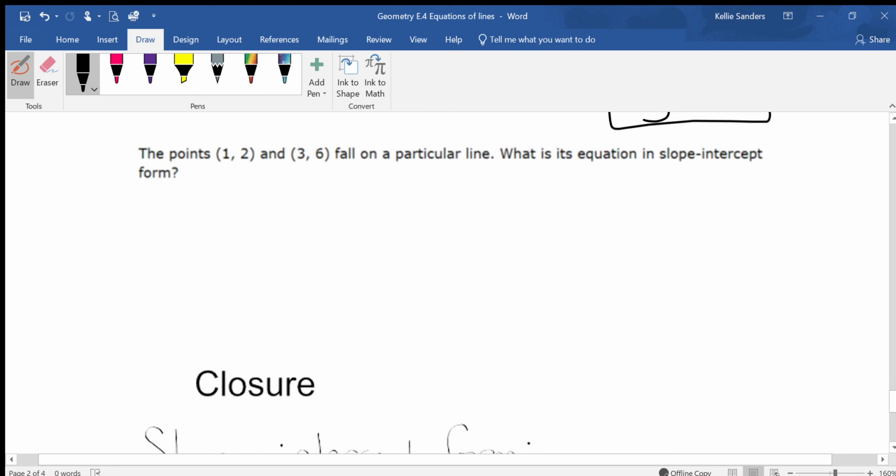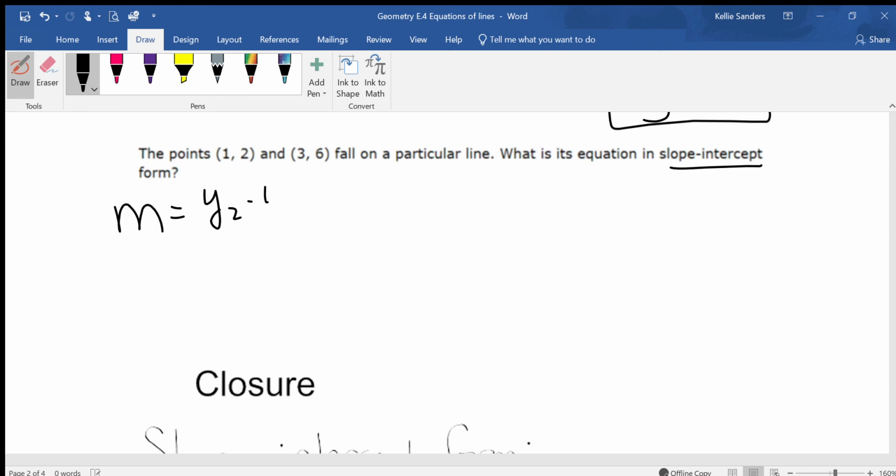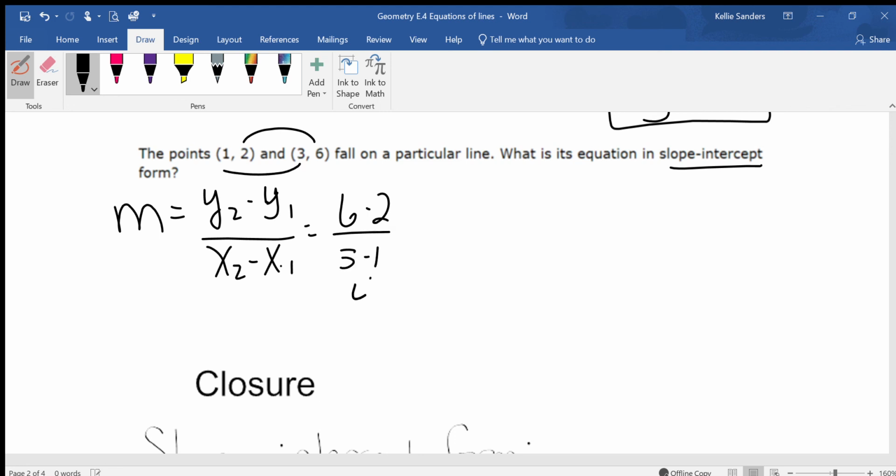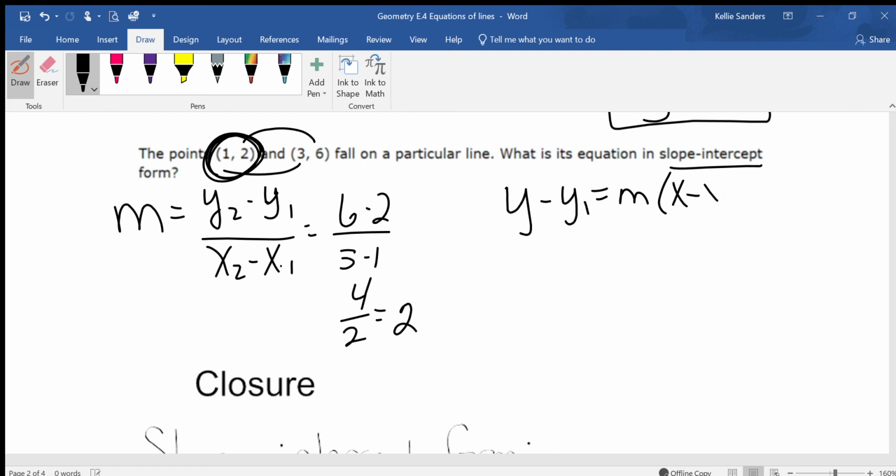Points are 1, 2, 3, 6. We want slope-intercept form. So I need a slope. y2 minus y1 over x2 minus x1. 6 minus 2 over 3 minus 1, which would be 4 over 2, which is 2. Let's just do point slope again, just to see it a little bit more because you haven't seen it a lot. So y minus y1 equals m times x minus x1.